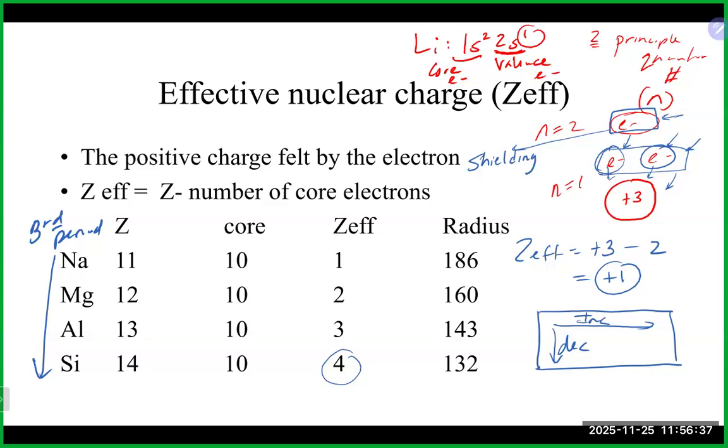And the result of that is, again, we actually see the radius of our atom gets smaller because of that. So because of the greater positive charge, the greater effective nuclear charge, those outer electrons, instead of being way out here, get kind of pulled in closer to the nucleus. And overall, the size of the atom also is affected by that.